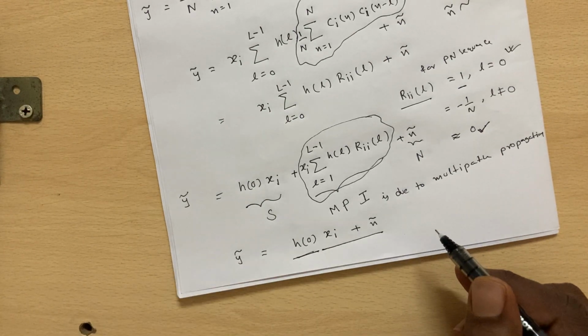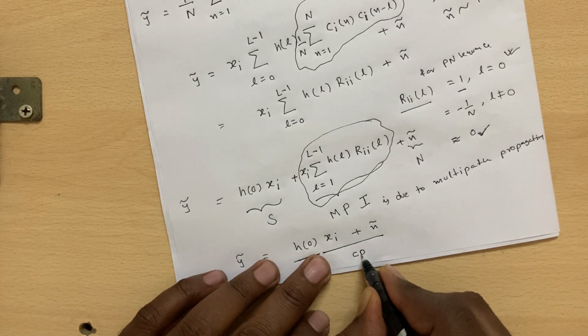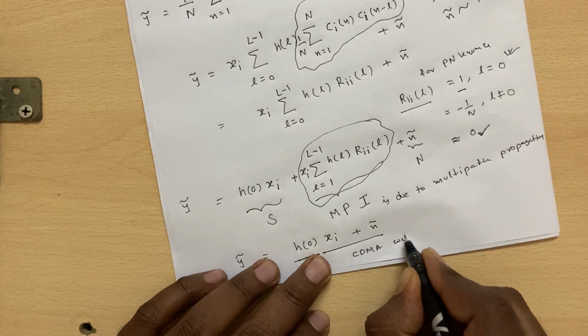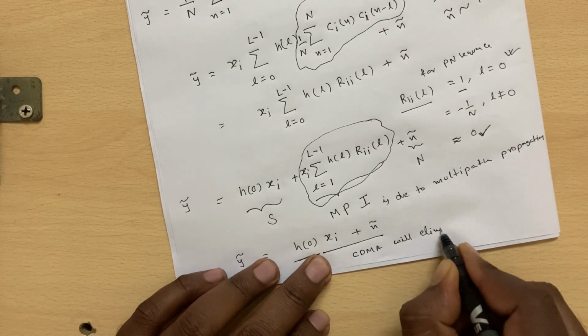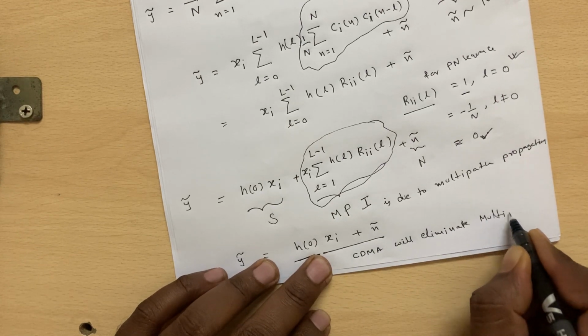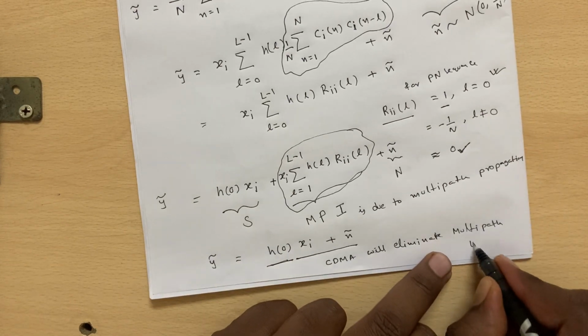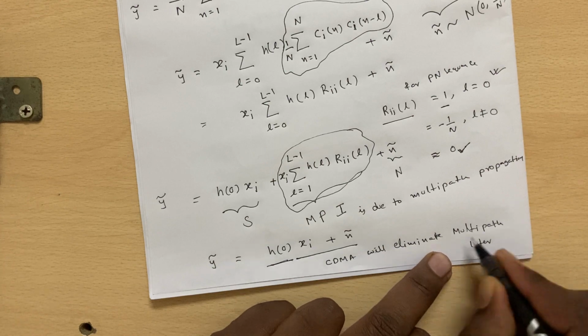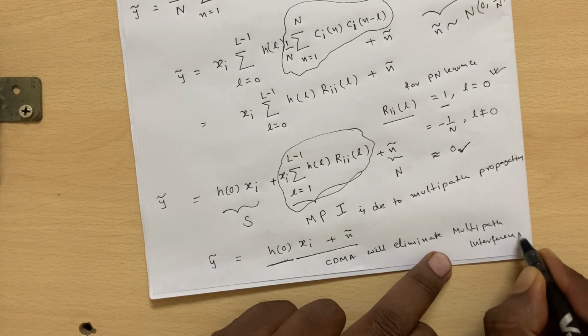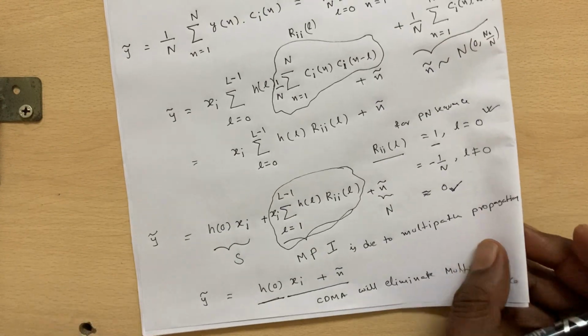The CDMA system will eliminate the multipath interference and pick up the first path, or one of the paths. So CDMA will eliminate the multipath interference and make the frequency selective channel a frequency flat channel.